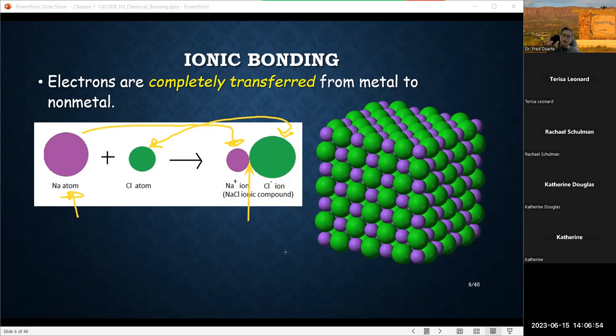Our next experiment, which is Wednesday, we're going to deal with conductivity. We're going to look at different solutions that have ions and see if they conduct electricity. They will conduct electricity if it's ionic. Some of them will conduct very strongly, and some very weakly. It depends on the solubility of the compound.